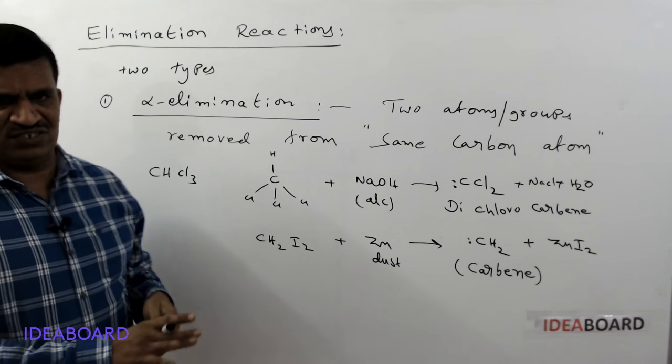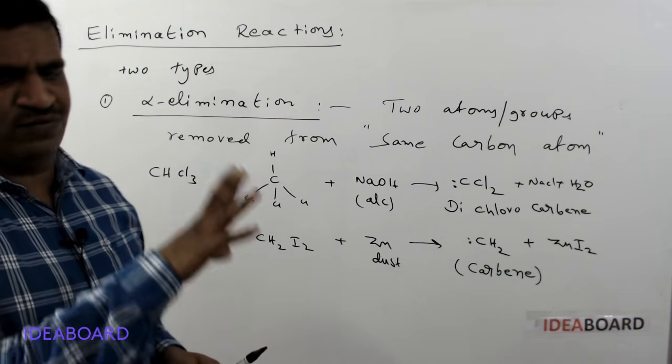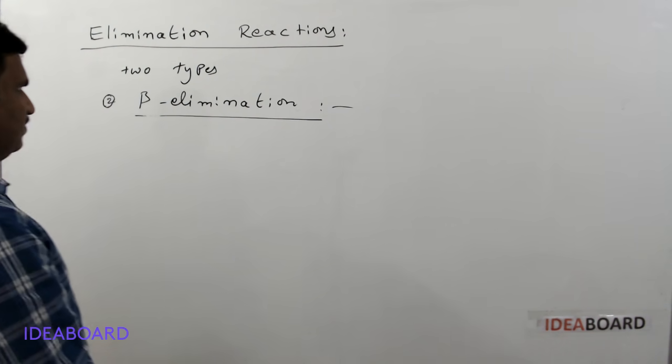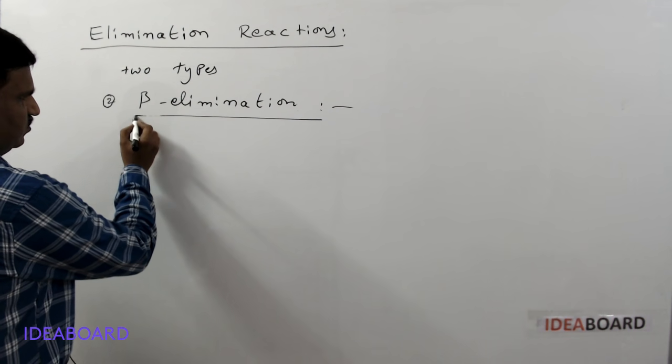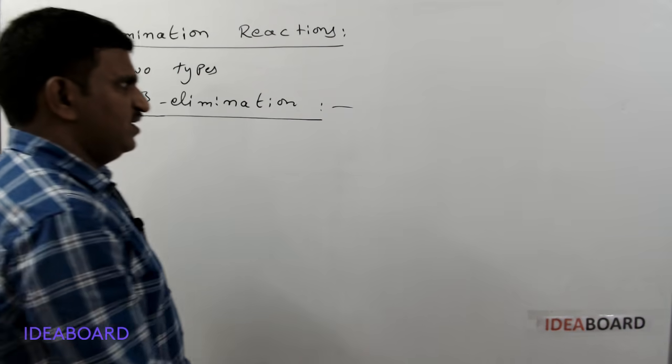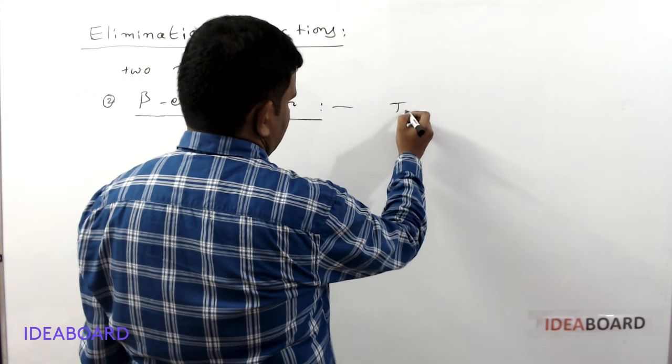But there are very few reactions. Alpha elimination reactions are very few. The second type is called the beta elimination process. Here, beta elimination process means what?